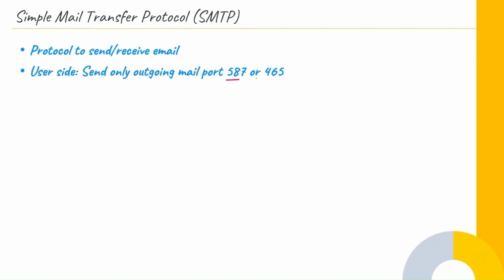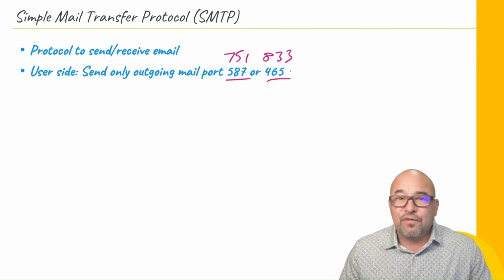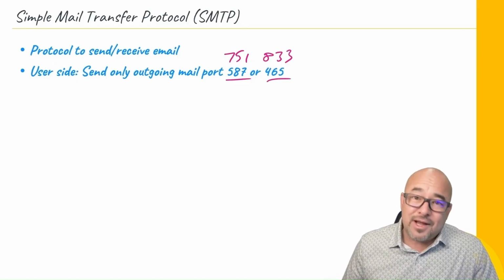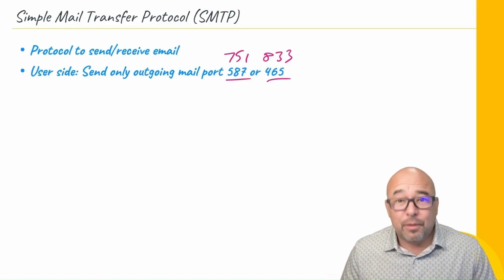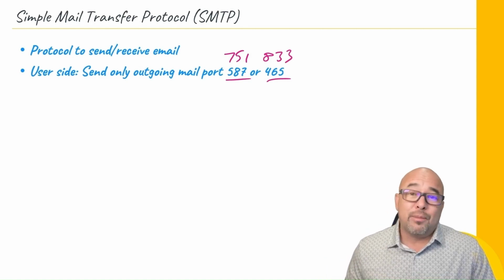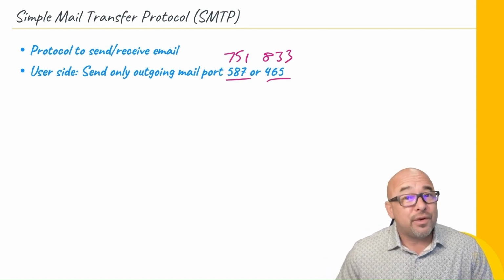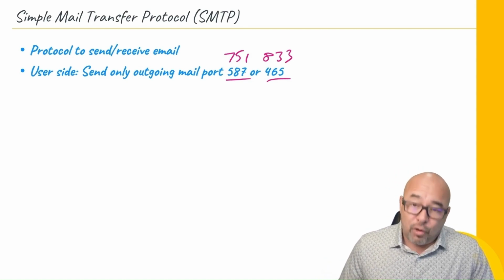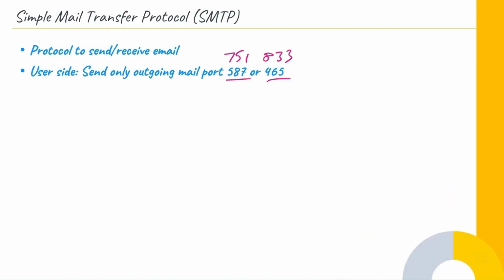So for example, if we decided to change from these default port numbers to 751 and 833 or whatever, just some other arbitrary port numbers, I would have to notify whoever sets up my desktop client's Microsoft Outlook, for example, to tell them to send their mail on a different port number that has to be entered into the configuration settings in the software for Outlook or whatever the email program is that they decide to use. But for our purposes, just so you know, we're going to stick with the default ones.